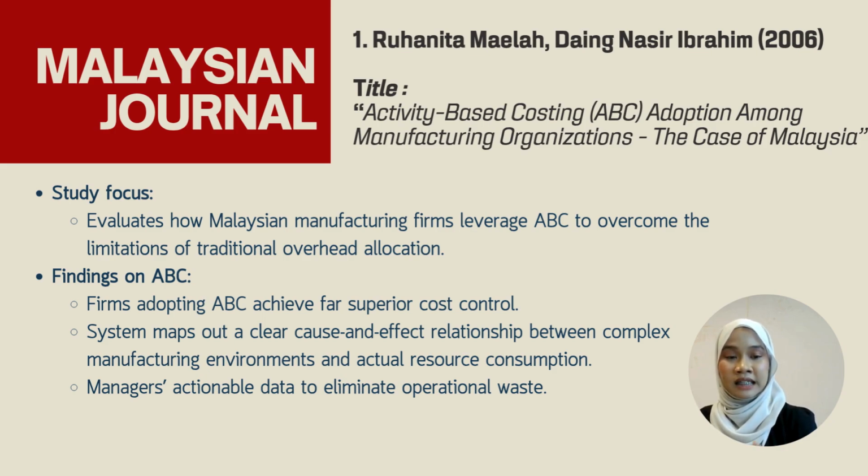The study emphasized that firms adopting ABC achieve far superior cost control because the system maps out a clear cause and effect relationship between complex manufacturing environments and actual resource consumption, giving managers actionable data to eliminate operational waste.